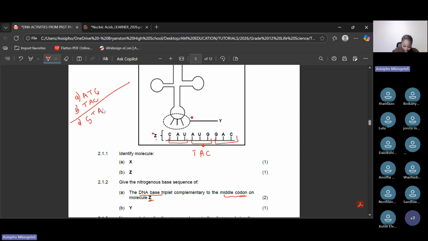That's our first option, guys. Thank you, Anota. Anyone with a different base triplet? Anyone with a different sequence? So far we are having GTA. We are answering 212B. We are looking for the bases at Y here. So the first option we have is GTA. Anyone with a different sequence? Please unmute and tell me.